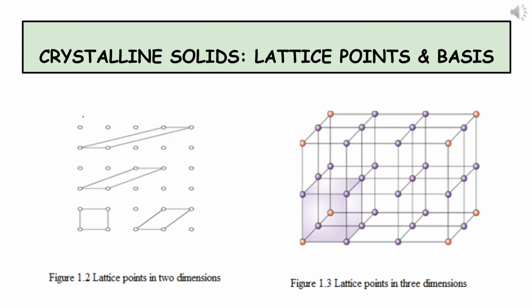Okay, so in this slide we are going to see the diagrammatic representation of lattice points in 2D and 3D. In figure 1.2, you can clearly see that the points are arranged in a periodic manner in an imaginary space. Similarly, in figure 1.3, the points are arranged in a 3D manner, forming a cube, with the same periodic imaginary points.